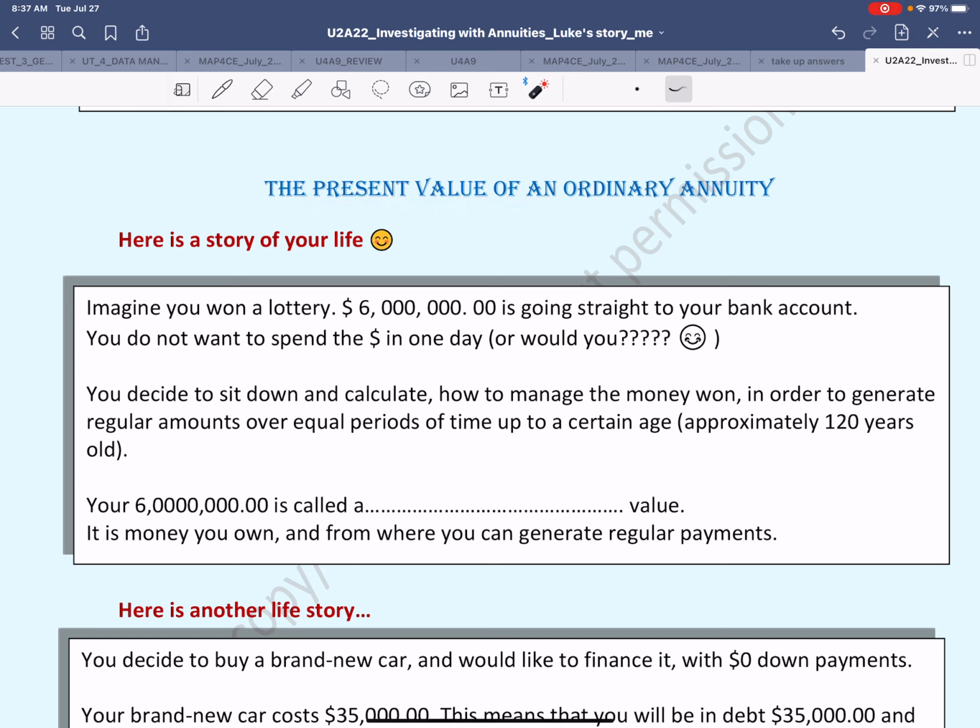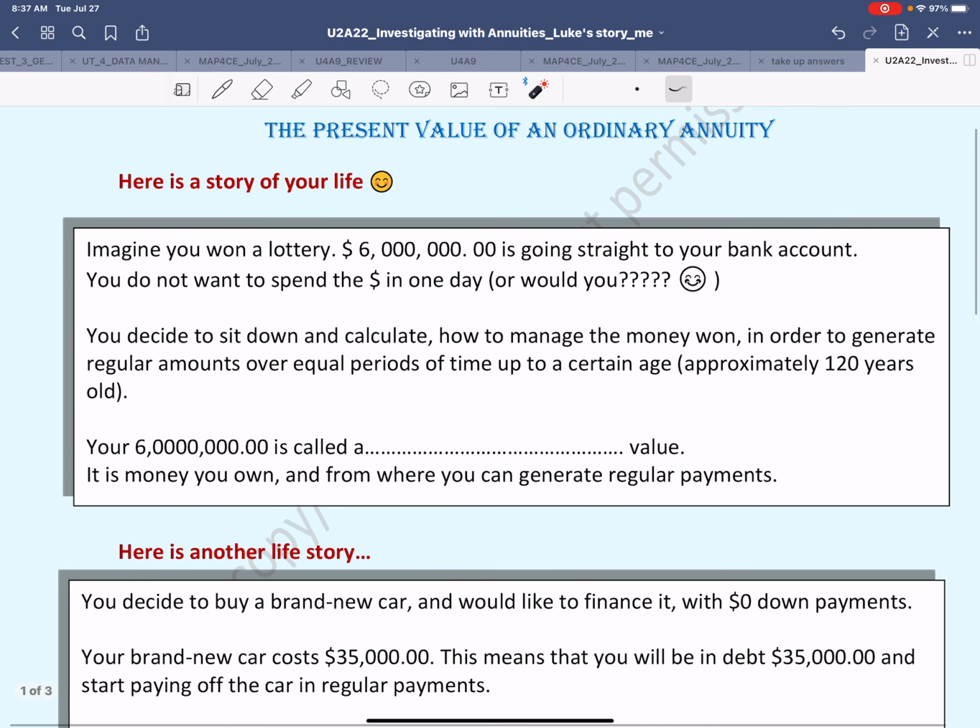To understand what present value of an ordinary annuity is, I brought in two examples. Here is the story of your life. Imagine you won a lottery, $6 million going straight to your bank account. You don't want to spend all the money in one day, right? So you decide to sit down and calculate how to manage the money you won in order to generate regular amounts over equal periods of time up to a certain age.